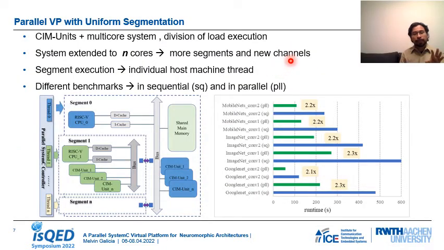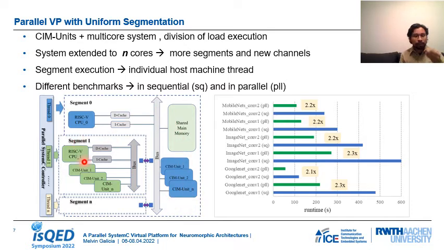All right, let me try to explain the previous concepts in a more graphical way with one of the architectures that we were exploring. So if you recall the virtual platform that I was introducing in previous slides, what we've done is breaking it down into small pieces and assigning those pieces to different segments. And if you see here, segment 0 now has a RISC-V CPU and its corresponding computing memory units.